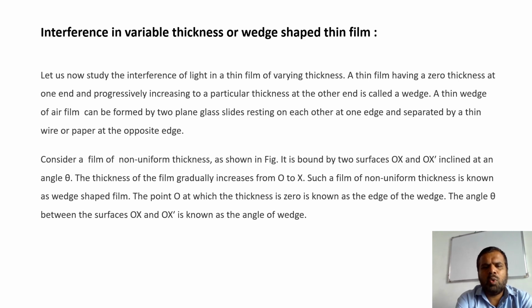The point O at which the thickness is zero is known as the edge of the wedge. The angle theta between the surfaces OX and OX dash is known as the angle of the wedge.